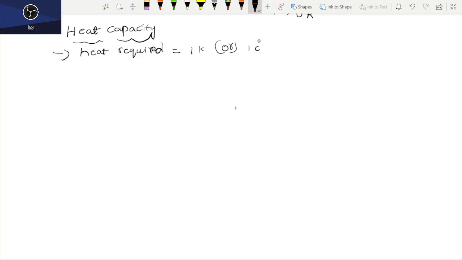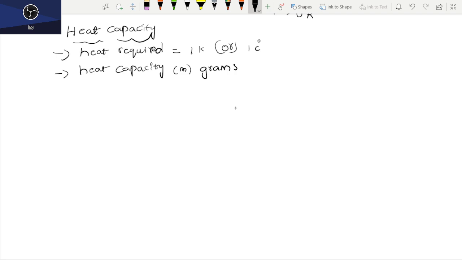Now, the heat capacity of a substance. If you take the heat capacity of a substance at a particular temperature, it is for m grams, because mass is indicated by m.